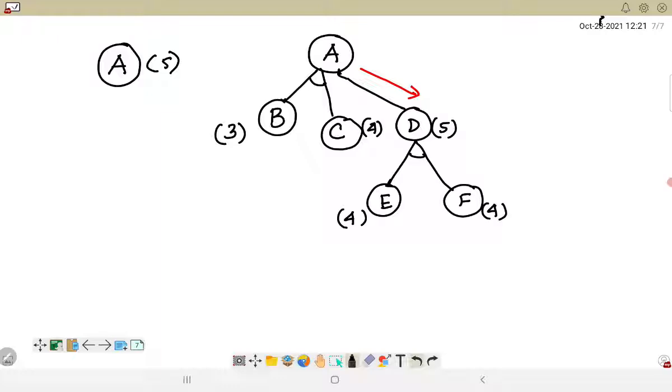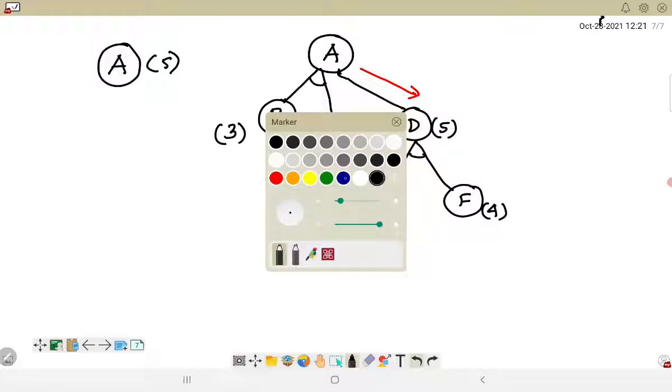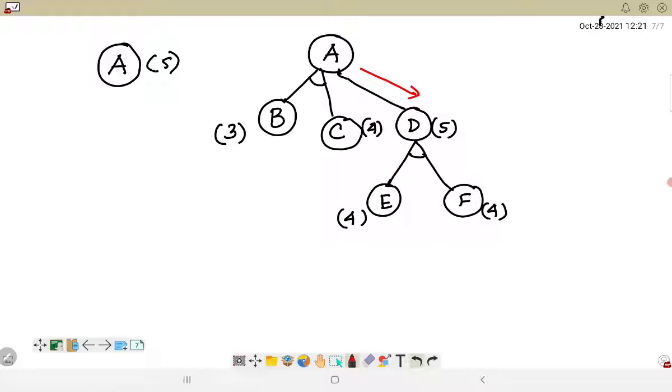Now, considering this situation, again finding out through which direction the expansion should take place, or which arc should be solved in order to solve A, we will understand that the value here, for E and F, is 4 plus 4 is 8, plus 1 plus 1, it is 10. So D, which initially had an estimated value of 5, is now replaced with 10.